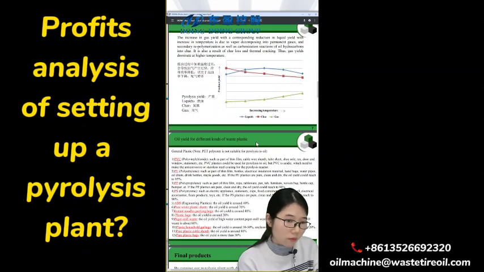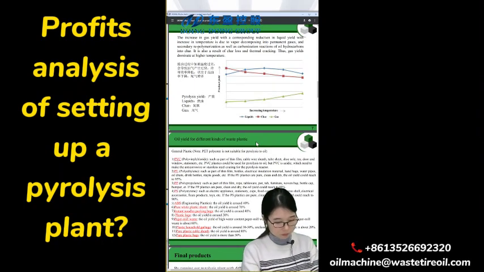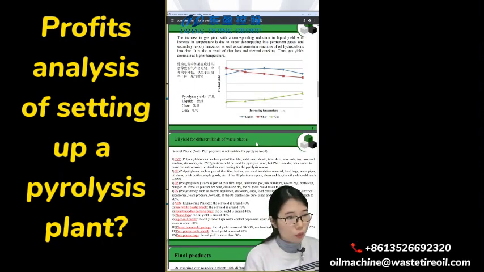But most customers will use mixed plastics. So the oil yield is from 50% to 17%. It depends on the content of your plastics.